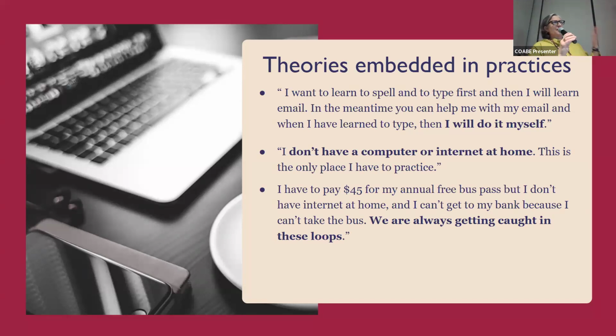And there's also this understanding that we saw represented in our data that some learners don't think that the technology is meant for them, or it's designed to keep them out. Like this quote from this learner, we're always getting caught in these loops. And then also it's a shared experience. They're seeing other learners struggle similarly. So there's another layer there, a reflection or a critical layer.